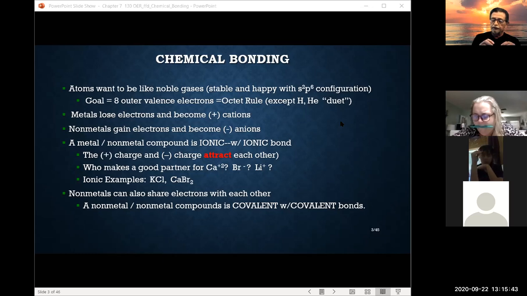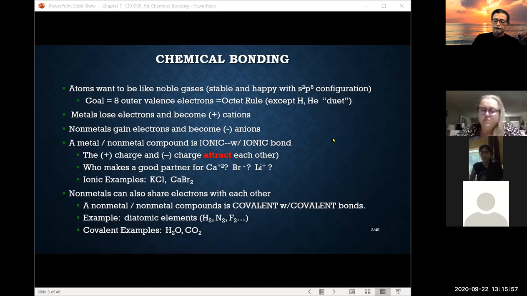When we get into more detail with covalent bonds, this is where electronegativity plays a big role, and that role is what kind of properties those covalent compounds have because of electronegativity. Okay? And some examples of covalent compounds: I just gave you H2O, carbon dioxide, could be carbon monoxide.